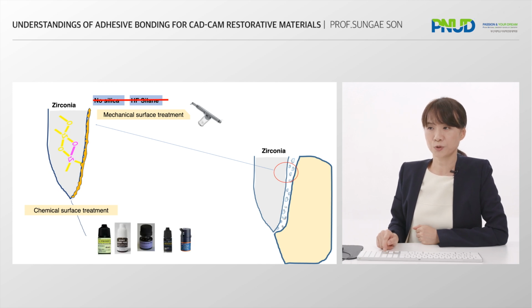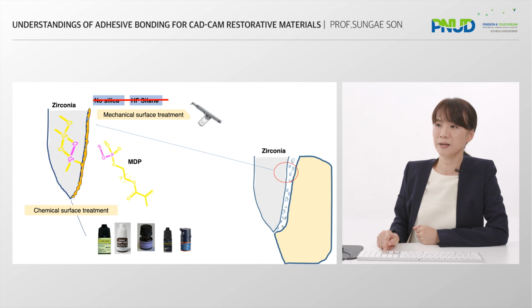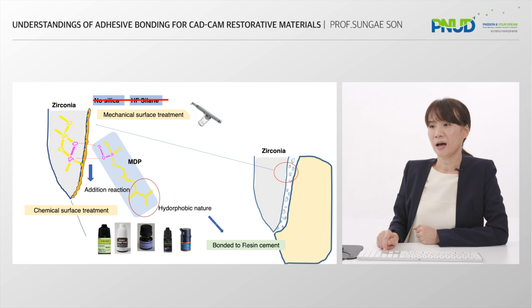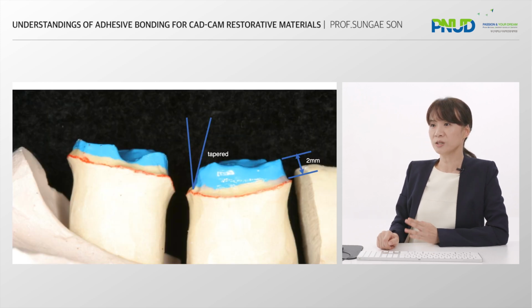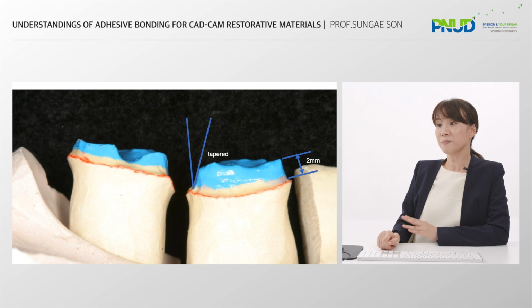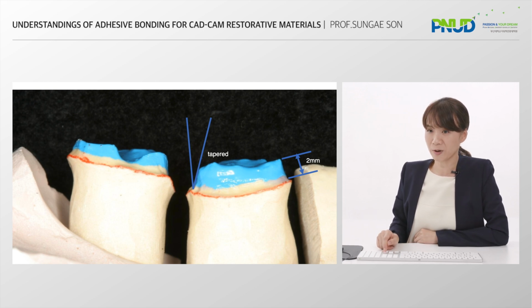MDP can create chemical bonding between zirconia and MDP. It can improve the bonding between zirconia and resin cement. Therefore, if teeth are shorter than 2 mm and tapered, use the MDP primer and resin cement for zirconia bonding.